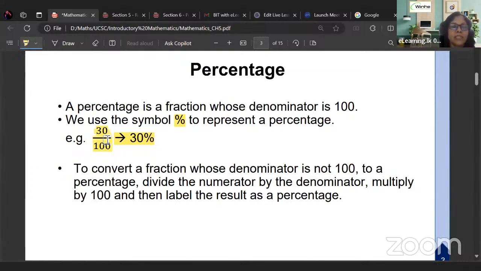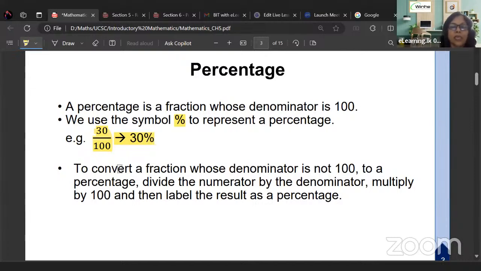If it is not equivalent to 100, then what can we do? Any given fraction can be converted into a percentage by multiplying by 100.